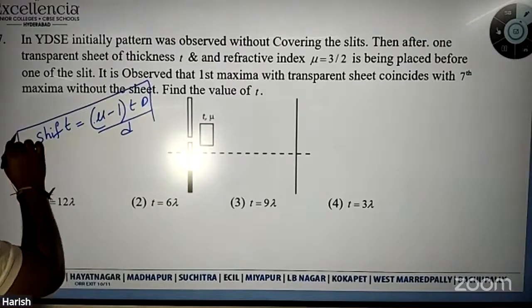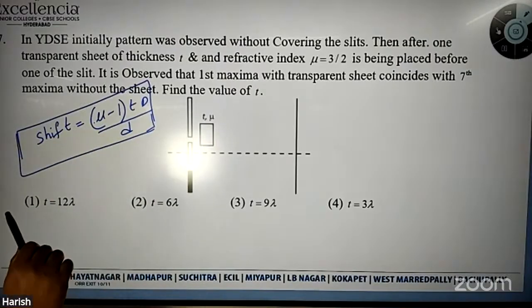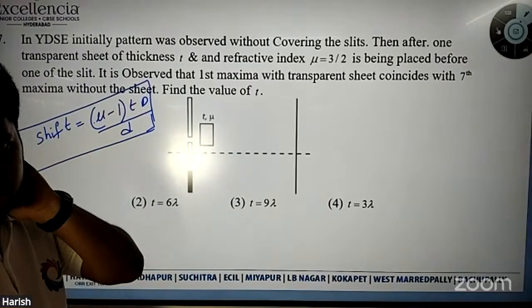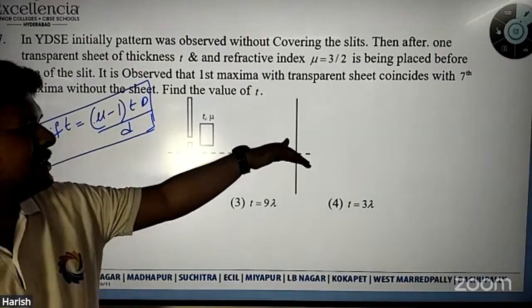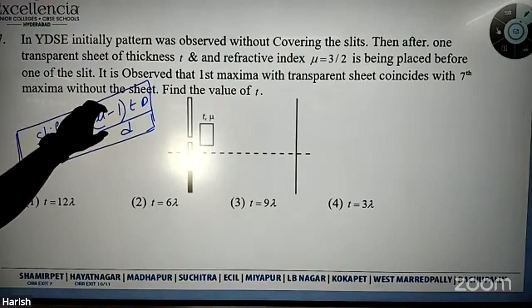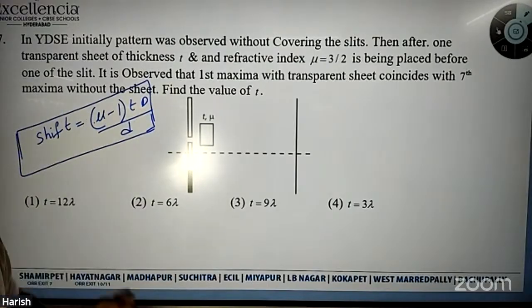This is the formula of shift of the fringes when we place a slab in front of one of the slits. When we place it in front of this one, they'll shift up. When you place it here, they'll shift down. Being a JEE aspirant, you should know this standard formula also.